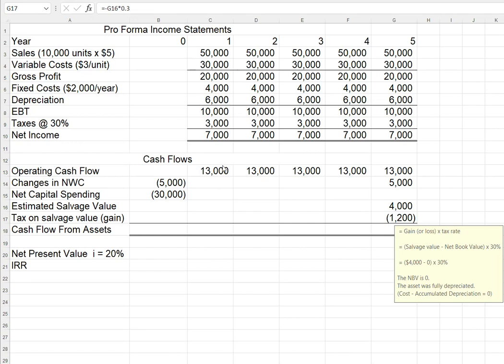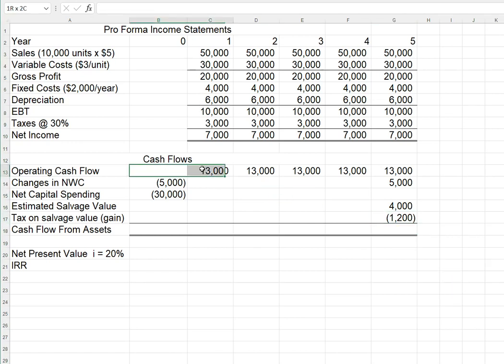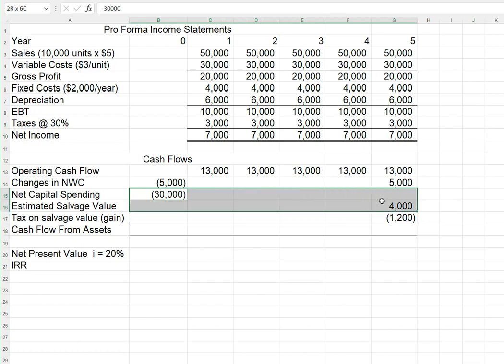Now that we've identified all of our cash flows, again, we have our annual operating cash flows, we have our initial working capital investment along with the release of the working capital into the project. We have the equipment cost at the beginning, its $4,000 estimated salvage value, and then the $1,200 taxes that we're going to pay on that gain.